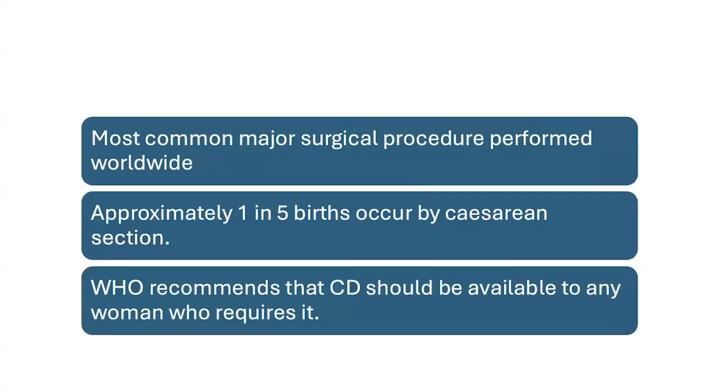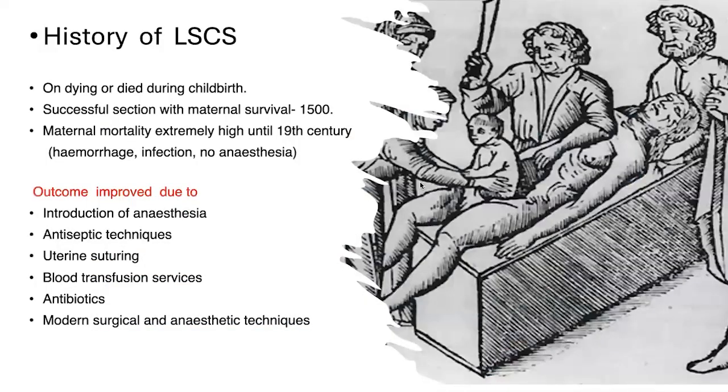So let's go through the history a little bit. Cesarean sections were introduced before 1500. It was done on dying or dead mothers. The first successful cesarean section where the mother survived was done in 1500. Until the 19th century, maternal mortality was extremely high, the reasons being hemorrhage, infection, and no anesthesia.